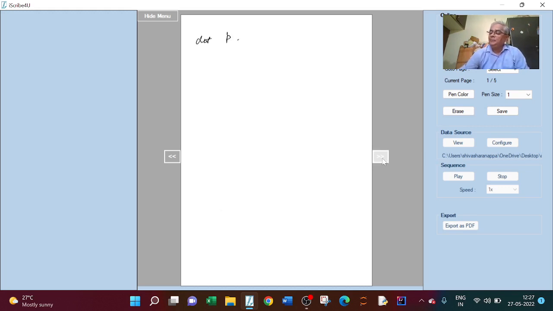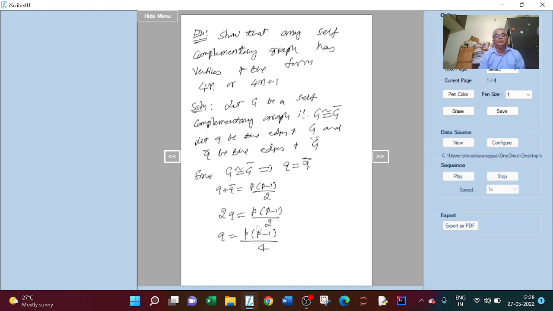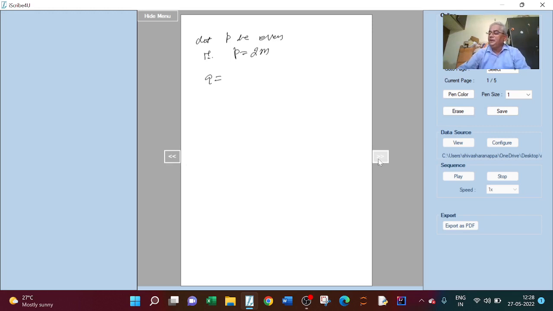Let P be even, say P equal to 2 into M. But we have Q equal to P into P minus 1 by 4. So that is 2M into 2M minus 1 divided by 4. This is equal to 4M square minus 2M divided by 4. So this is to be an integer.